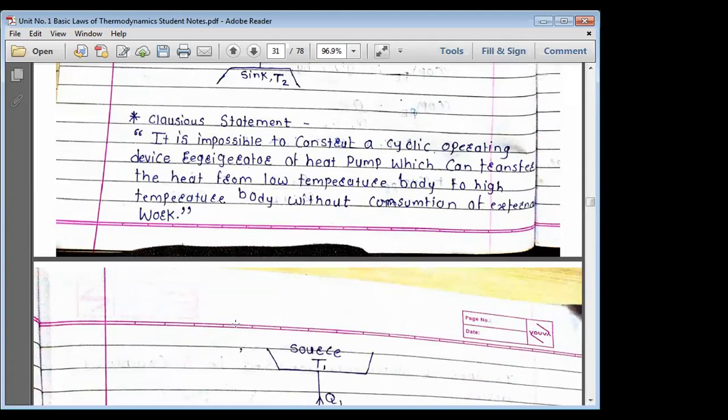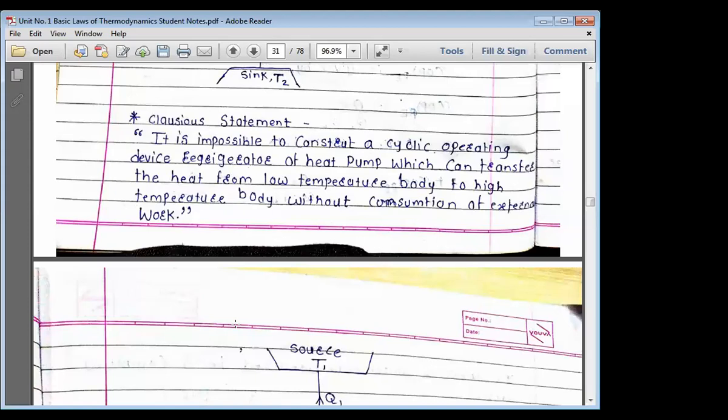Okay. Clausius statement: it is impossible to construct a cyclic operating device like refrigerator or heat pump which can transfer heat from low temperature body to high temperature body without consumption of external work.